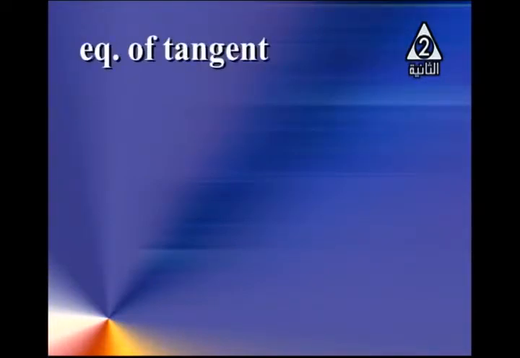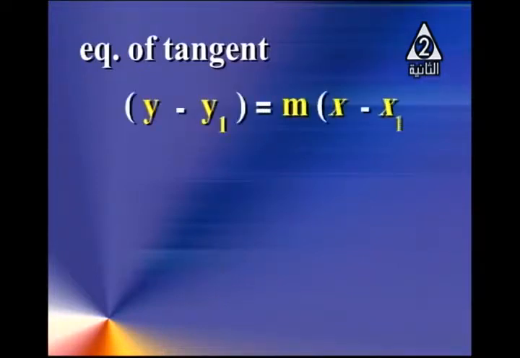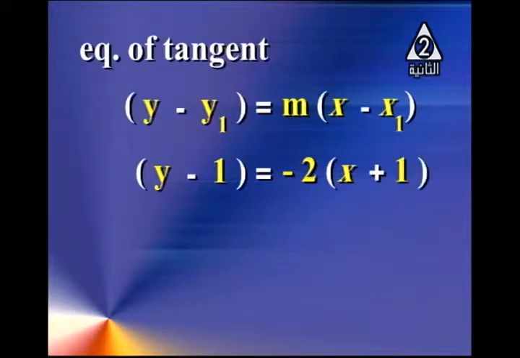What is the equation of the tangent? y minus y1 equals dy over dx at this point, or m, multiplied by x minus x1. Remember, m means the slope, which is dy over dx at point x1, y1. By substitution of x1, y1, we get y minus 1, with m equal to -2 from the previous step, multiplied by x plus 1.